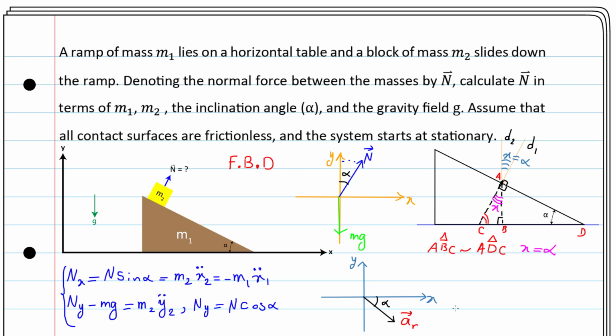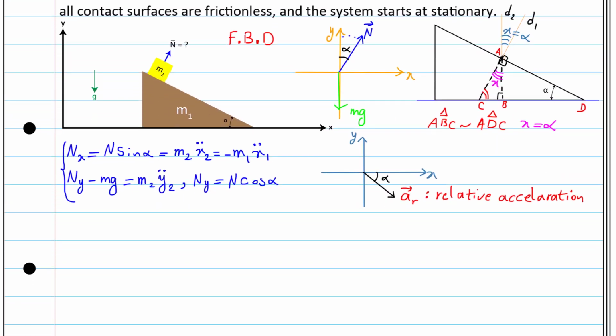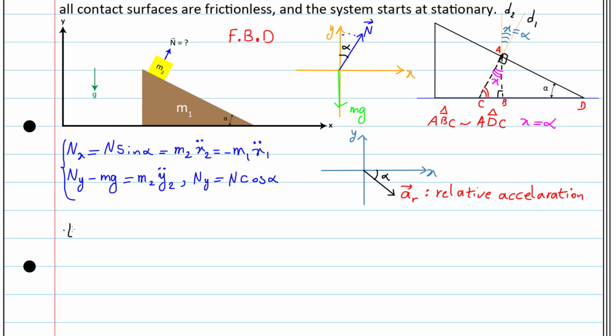AR, which is the relative acceleration. We have tangent alpha is equal to minus ARY over ARX.